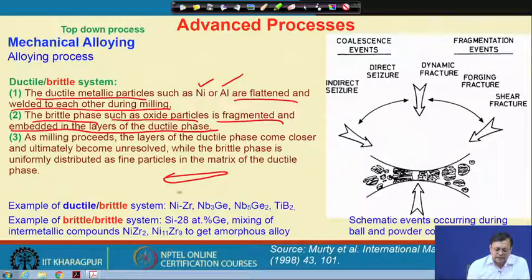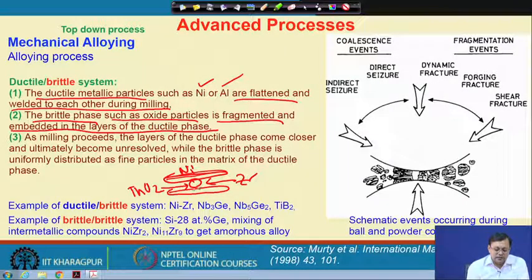So, let us say I have a flattened nickel and inside here I have a zirconium particle. This is nickel and this is zirconium, or maybe it could be an oxide phase, like TD nickel, or thoria dispersed. So, this is thoria inside a nickel phase.